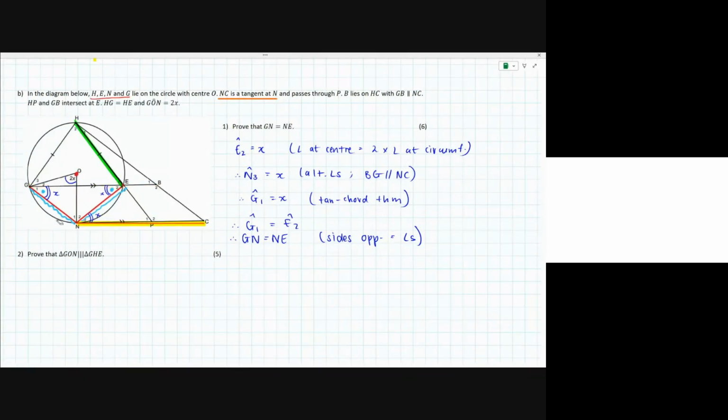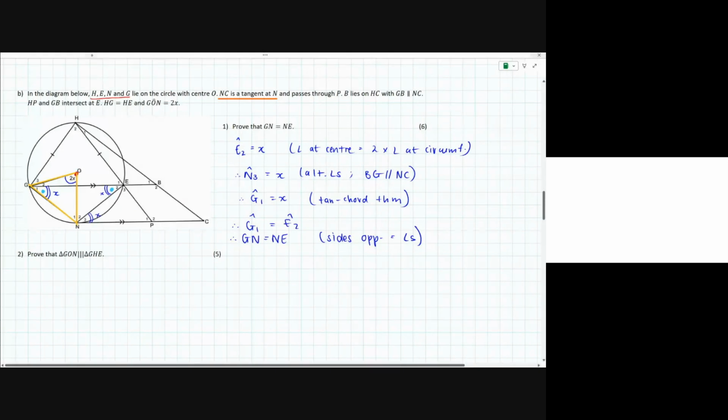I'm going to leave the x's on for now, because that will probably be useful to us just in terms of when we prove similar triangles, we have to prove angles are the same. So we want to prove GON. So this triangle over here is similar to GHE, which I will highlight for us now.